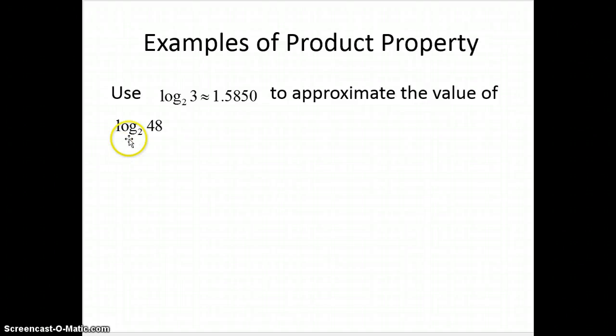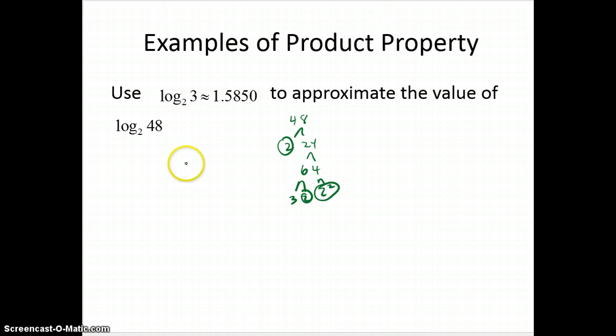Here's an example of what one of these expressions might look like. We're looking at log base 2 of 48. When trying to simplify this, I would take 48 and break it into factors. If you factored it, you would get 2 to the fourth times 3.